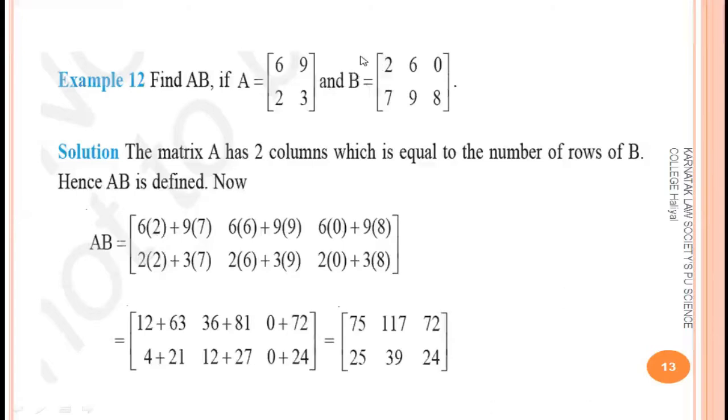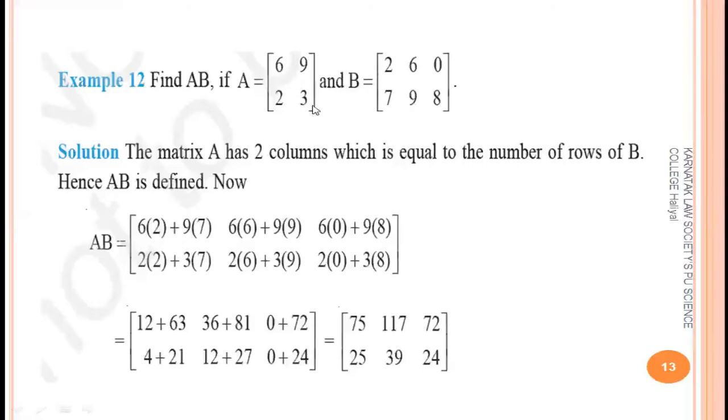First row into first column, it's over. Next one is first row into second column. That is 6 into 6 plus 9 into 9. Second column is over. Next, first row into third column. 6 into 0 plus 9 into 8. We need to multiply them element wise and take the sum of all these products.